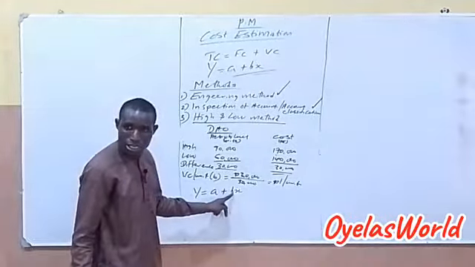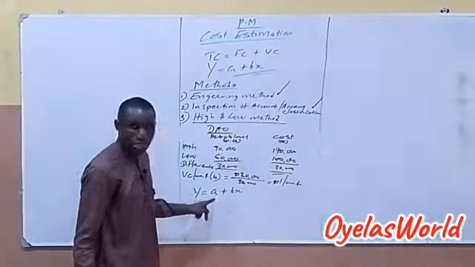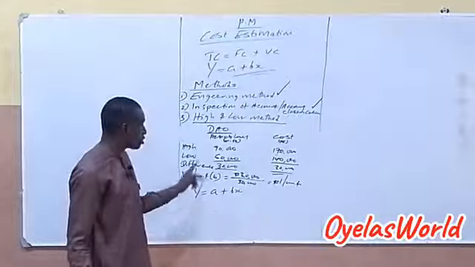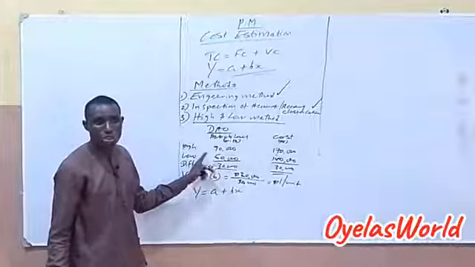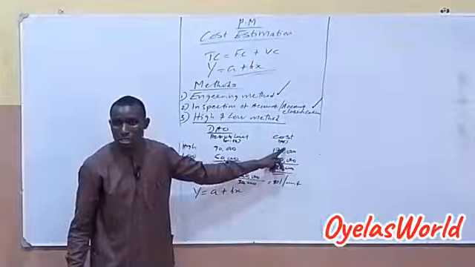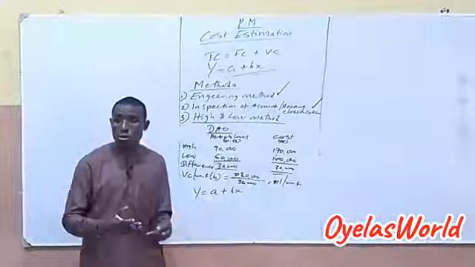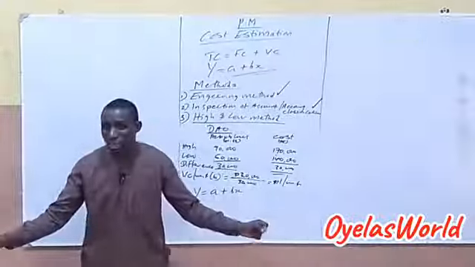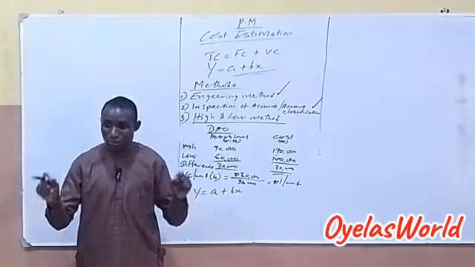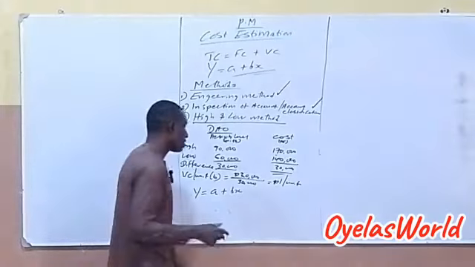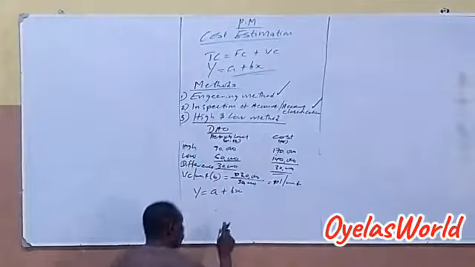We can easily use that to determine A, which is the fixed cost. Either you use the low level of activity or the high level, you must get the same answer. If your answer is different, you are wrong somewhere. Take note of that. Now, let's use the low level.